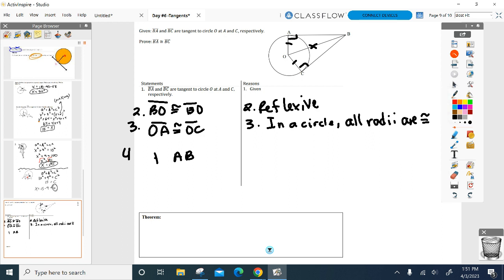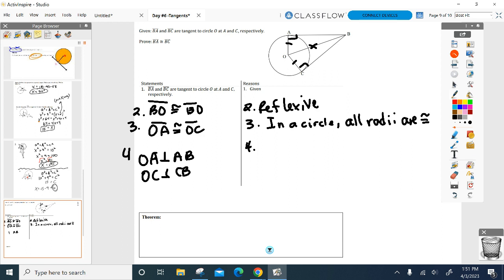Nowhere in that theorem can you see the word right angle. It says these two are what? Okay, so you have to tell me they're perpendicular using that theorem. What makes them right angles? You know that already, and we'll talk about that in step 5. And then the same thing for OC and CB.